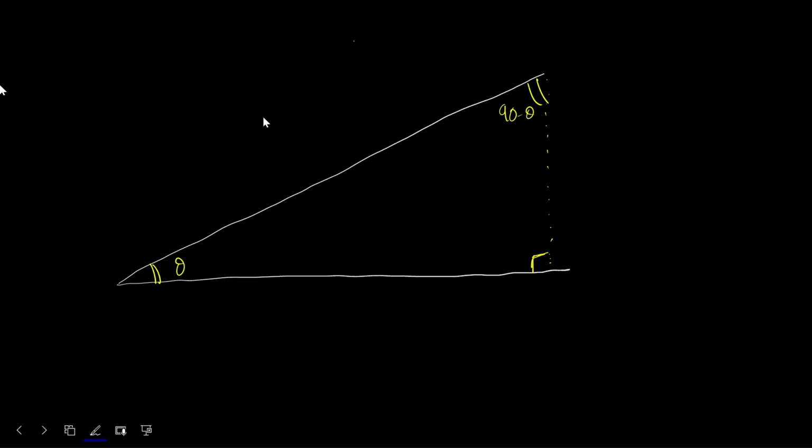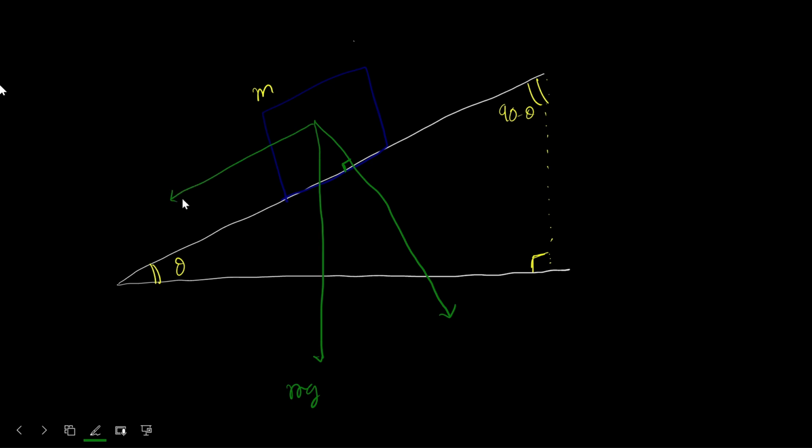Now, if you have a block over this inclined plane with mass m such that the weight of the block acts directly downwards, then this weight vector is going to have two components, right? The first component would be just perpendicular to the inclined plane, which is going to be this one. So this angle is going to be 90 degrees, and the other component would be along the inclined plane, right?